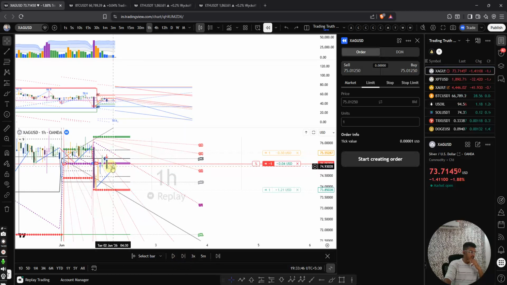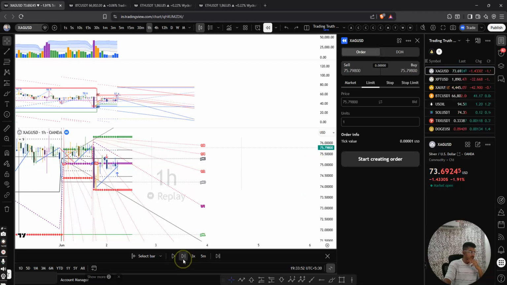So here you would close your trade. As long as this trend line is being held, you should trail your stop, and as soon as it gets broken, just exit the trade, all right.